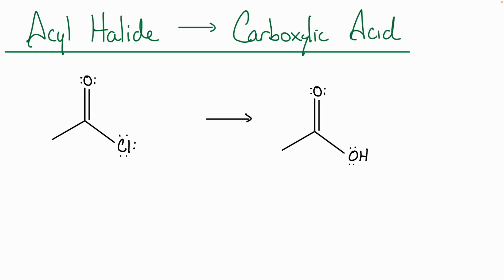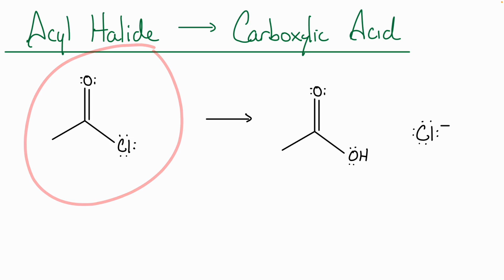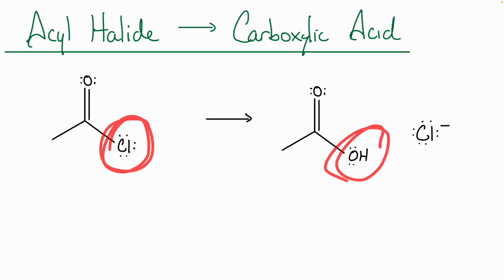All right, so how are we going to do it? Well, let's just balance our chemical equation here. Over on this side, I'm going to need a chloride ion to balance everything out. What would I need to add on this side in order to balance everything out? I'm just doing a simple substitution here, substituting that chlorine for that hydroxyl group.